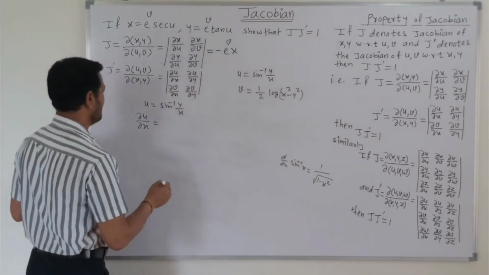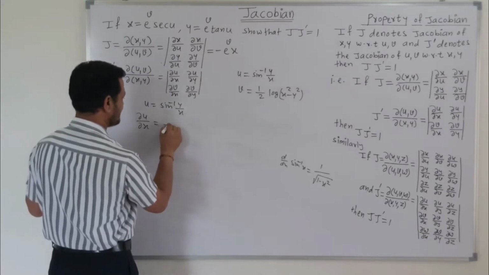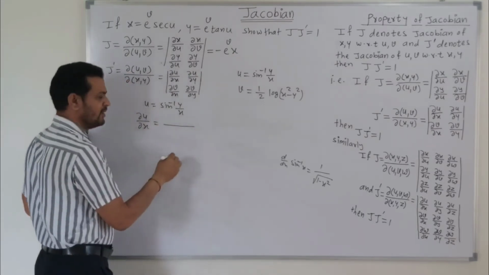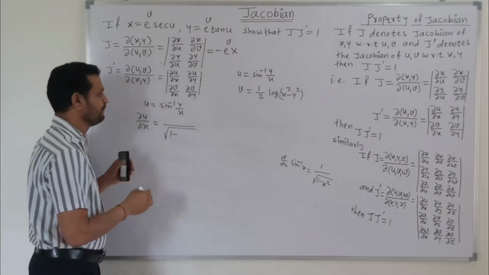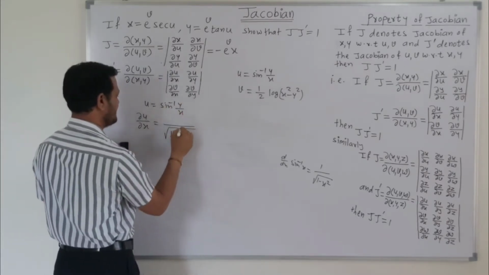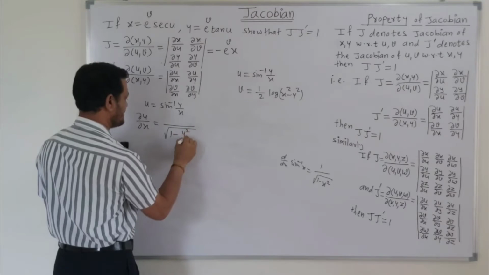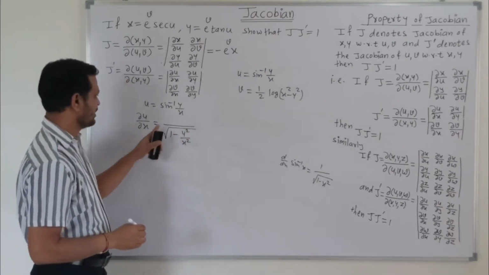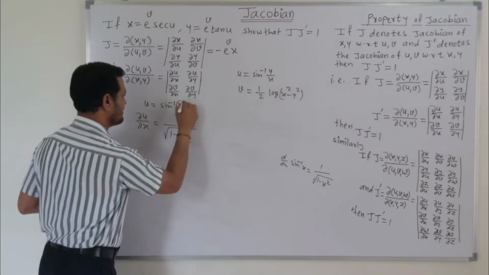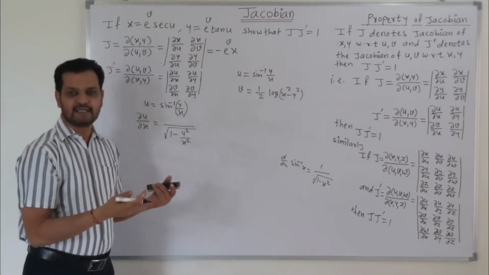So apply this formula, so we can write this as 1 upon root of 1 minus x square. Here x is denoted by y square upon x square, but this bracketed term y upon x is other than x.